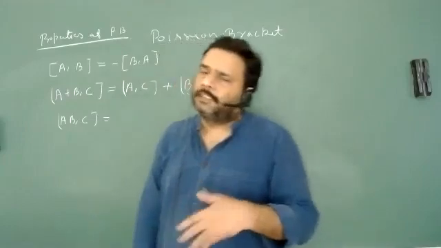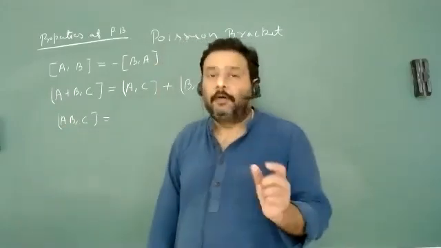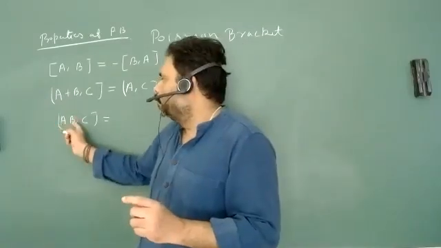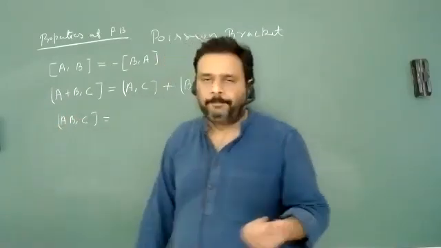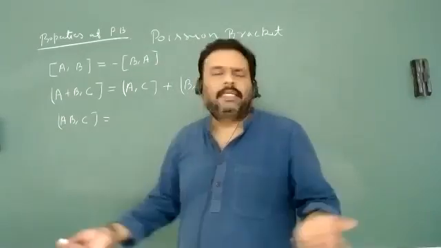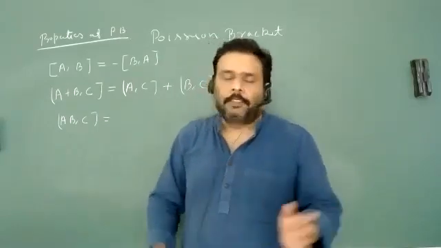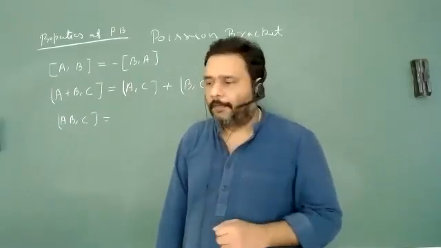What does keeping the order intact mean? It means A is before B and B is after A. In classical mechanics, if you are doing AB equal to BA, there is not any problem. But in quantum mechanics, it is a severe problem.